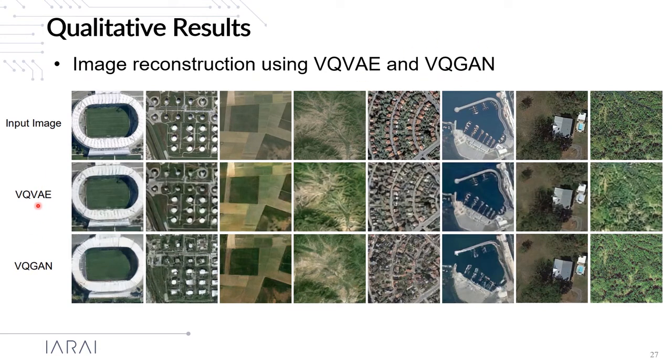So here we can see, compared to VQVAE, VQGAN is more powerful at preserving detailed spatial information, and the result of VQVAE looks very blurry. However, there's also a risk for VQGAN that the shape information of the original ground objects may be changed.